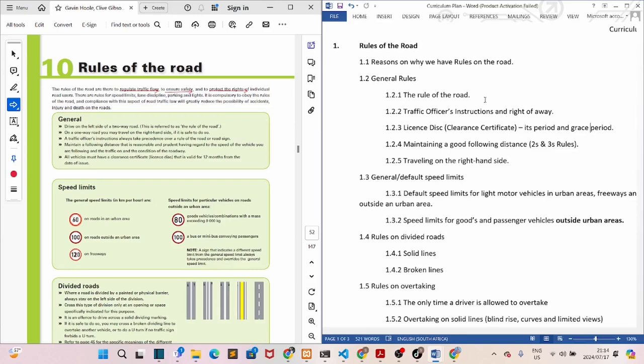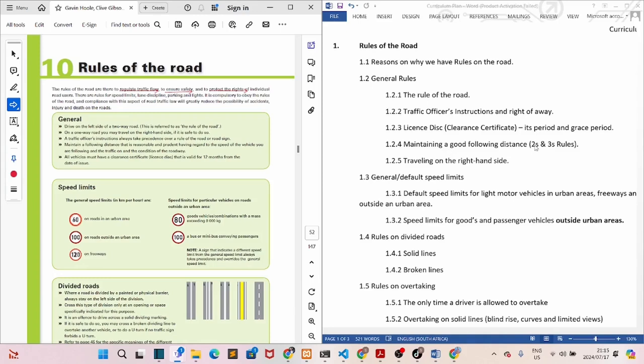All right, so that was the third rule. The fourth one is a rule about maintaining a safe following distance. Whenever you follow someone, you must keep a safe following distance. Under that, we have two rules that govern whether we drive a light motor vehicle or a heavy motor vehicle.